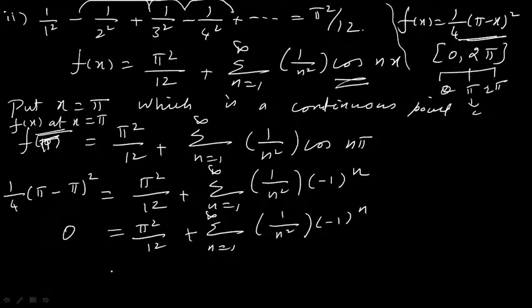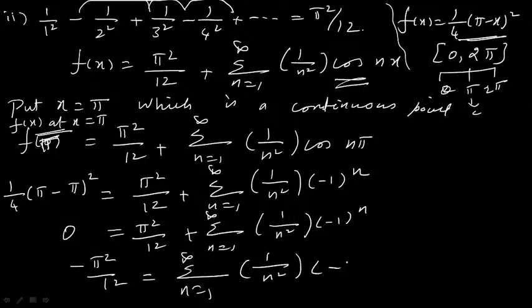Now take this term to the other side and keep this summation alone on this side. So you have minus pi square divided by 12 equal to sigma n varies from 1 to infinity 1 divided by n square minus 1 whole power n.